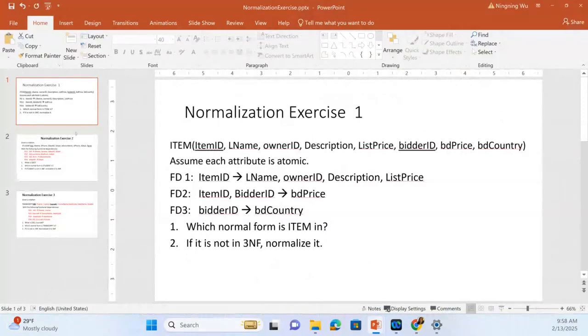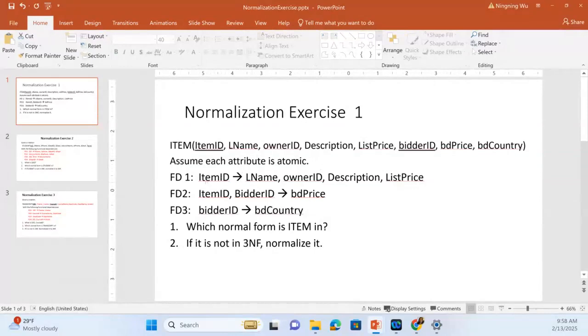I just use these three exercises to show you how to evaluate which normal form the relation schema is in. If a relation schema is not in 3NF, we have to normalize it. Usually, when we evaluate the normal form, we have to have information about the keys of the schema, and then the set of functional dependencies.